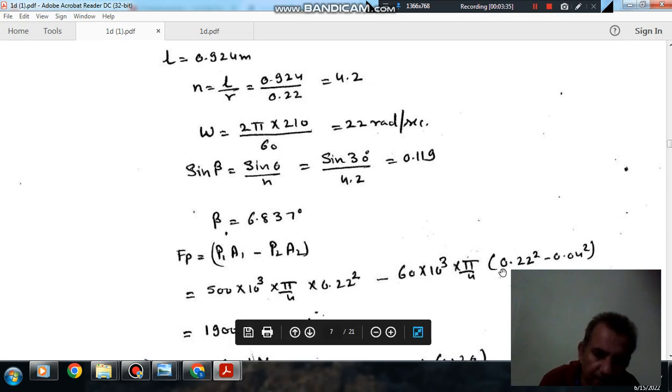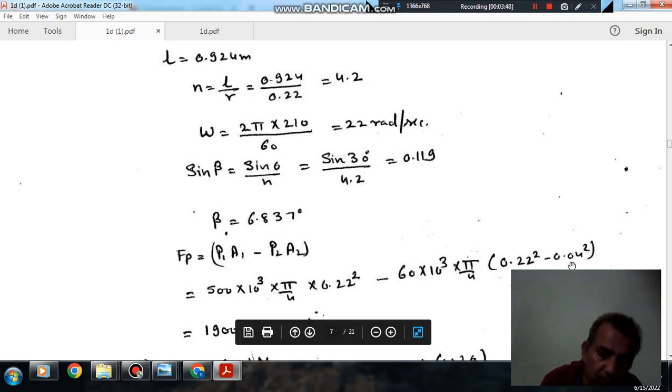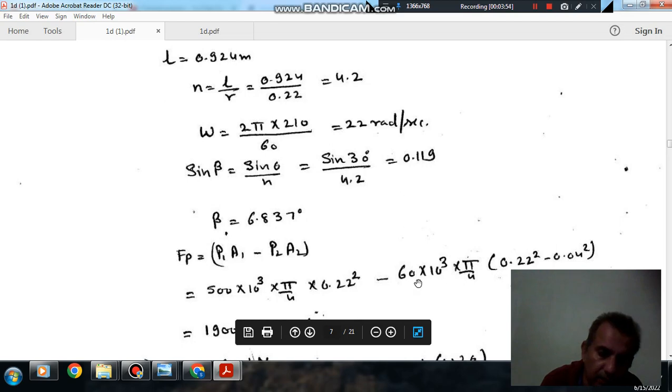So area of the piston is pi by 4 into 0.22 square, and we subtract the area of piston rod, 0.04 square, because diameter of the piston rod is given as 40 mm. And the pressure on the other side is given as 660 into 10 raised to 3.